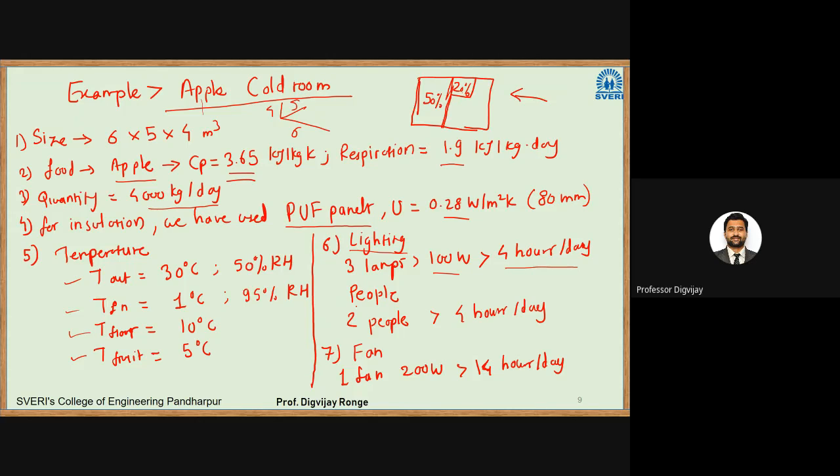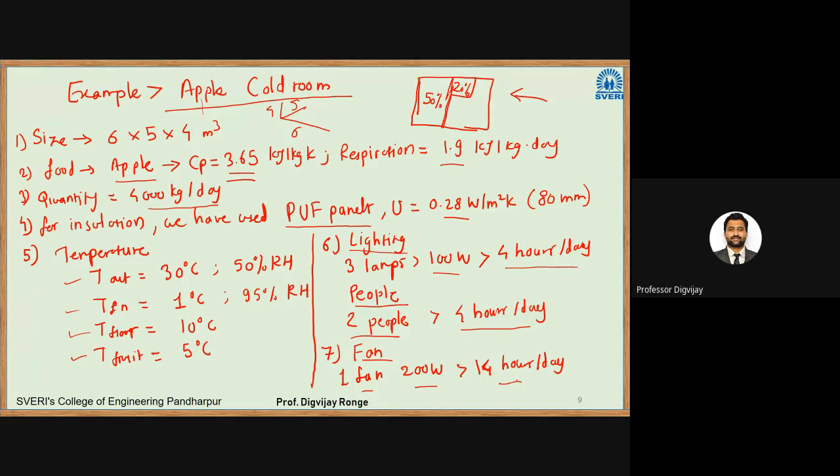The next is people. In this case, I have assumed there are 2 workers who will come inside the cold room, and their whole presence inside the cold room I have assumed as 4 hours per day. Then there is a fan, the evaporator fan. I have assumed one fan of 200 watt capacity, which will work for 14 hours per day.